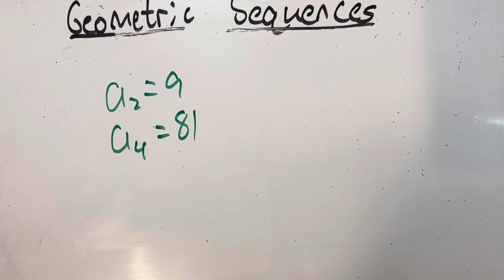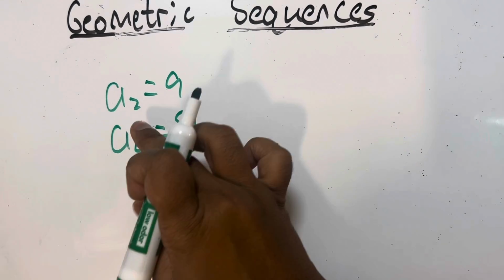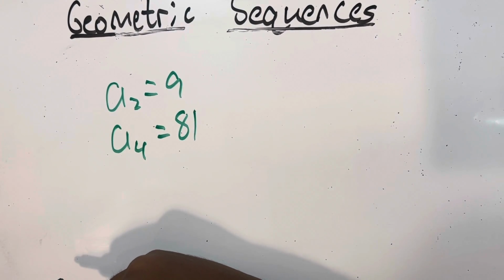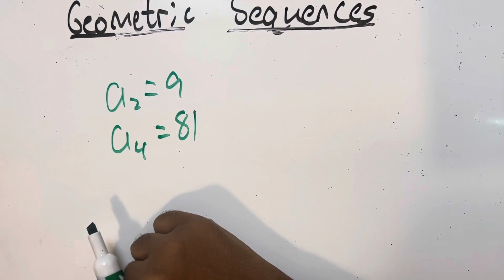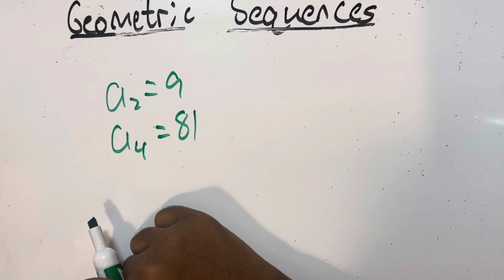How am I supposed to find the common ratio? I can't just do a of 4 over a of 2, which gives me 9. Would that be the ratio? No, they're not consecutive. So I have to do some algebra to find my common ratio.